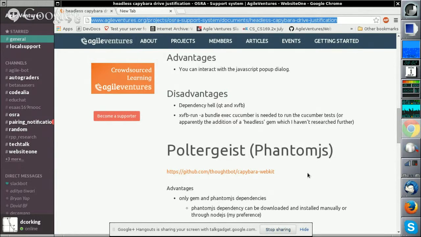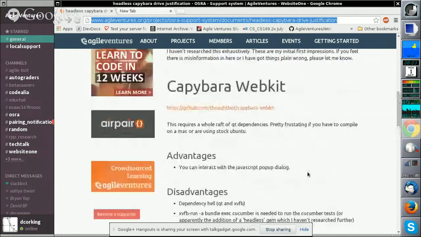So yeah, kind of the glue layer. Okay. So what you can look at is local support uses Capybara WebKit. So you can watch it installing. We've got a scripted installer, and it takes ages on my old Mac. It takes up to half an hour on this newer laptop with Ubuntu.